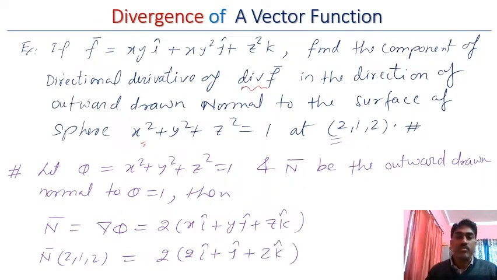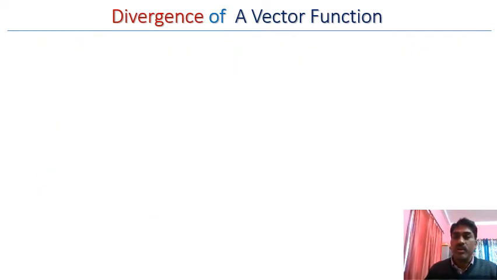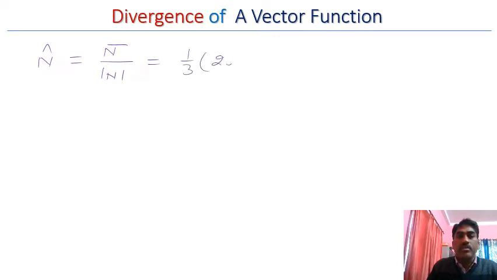So before proceeding, also find the unit normal. Unit normal will become 1 by 3 (2i plus j plus 2k). This is our unit normal.